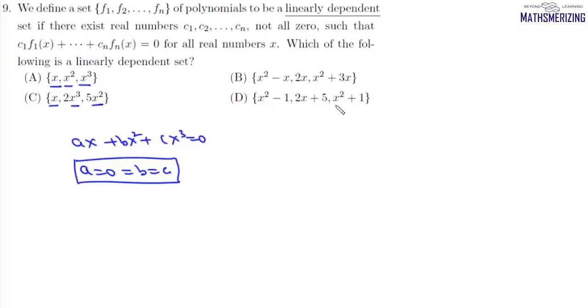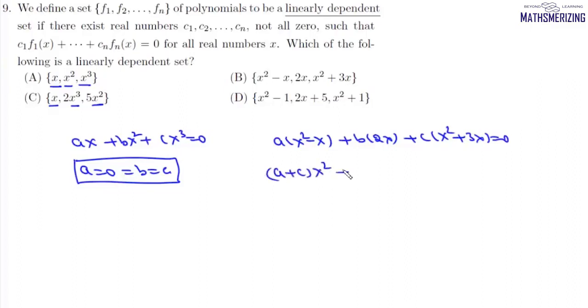Now we are left with two options, B and D. So first we'll check this B. So we'll write a(x square minus x) plus b(2x) plus c(x square plus 3x) equals 0. We'll write this as (a plus c)x square plus (minus a plus 2b plus 3c)x equals 0.